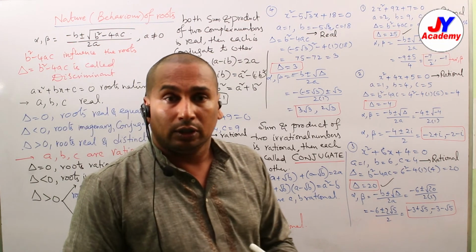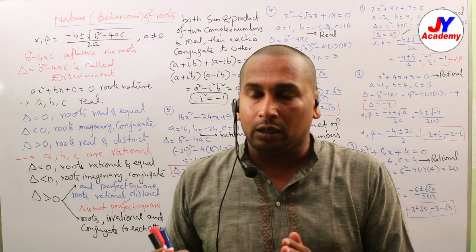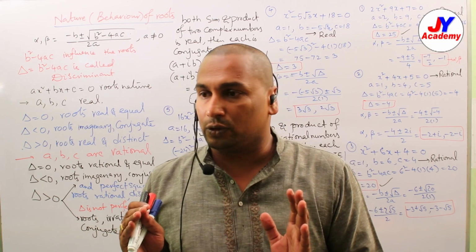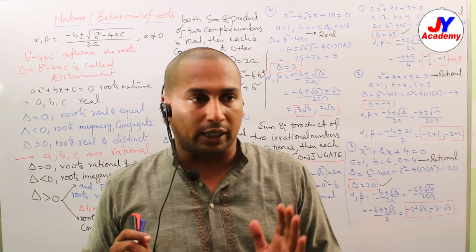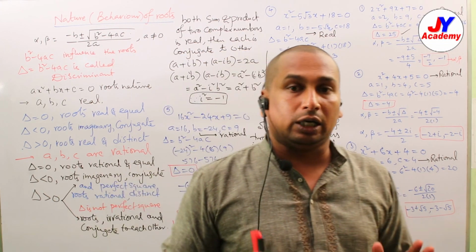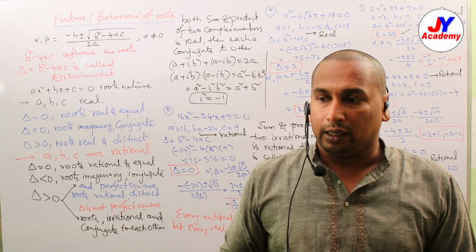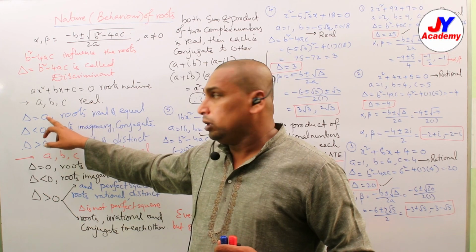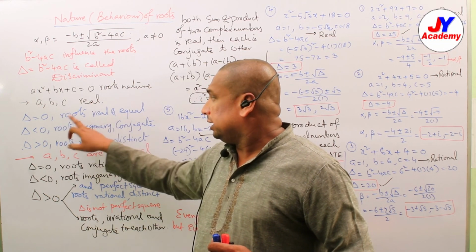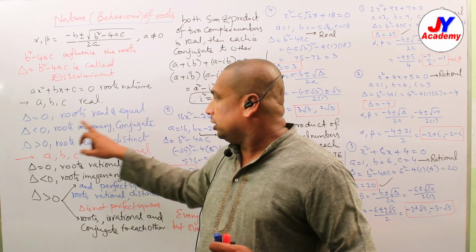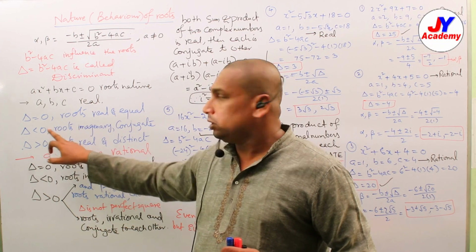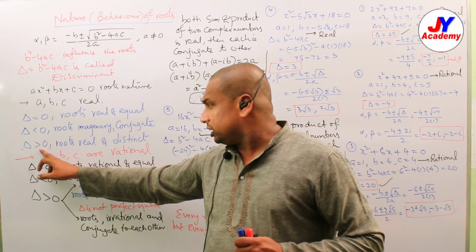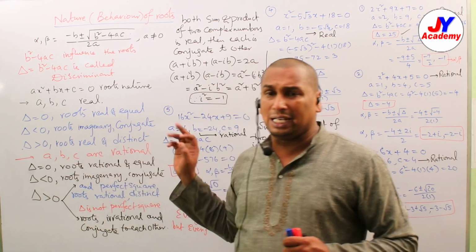Nature of roots depends on b square minus 4ac, called the discriminant. When the discriminant is equal to 0, if coefficients are real, both roots are real and equal. If delta is less than 0, both roots are imaginary and conjugate to each other. If delta is greater than 0, both roots are real and distinct.